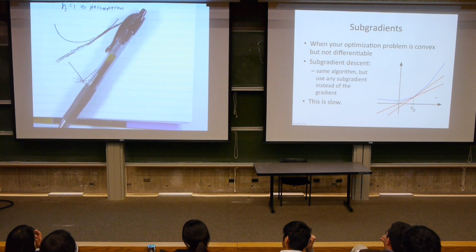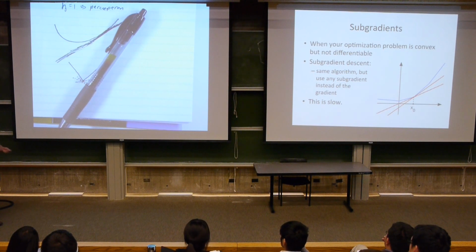For subgradient descent, you do gradient descent, but if you're at a point where there is no derivative, you just take any subgradient arbitrarily. If you're at a point where it is differentiable, you have to use the gradient because that's the only subgradient.